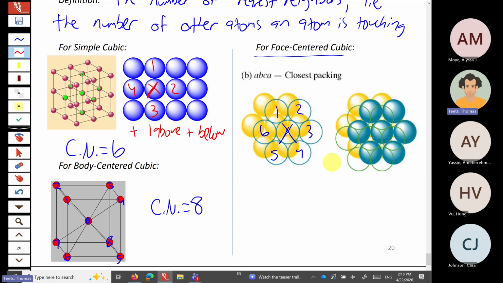We have 3 in the layer below it that fill up those little triangular gaps that are the same distance away. And then 3 in the layer above it. So again, we're focusing on this atom here. And then we're going to have these 3 as well, 10, 11, 12. So again, whether that fully makes sense or not, there's 6 in the same layer, 3 above, 3 below. Total coordination number for these close packed structures is 12. So the packing efficiency correlates with the coordination number, the number of nearest neighbors.